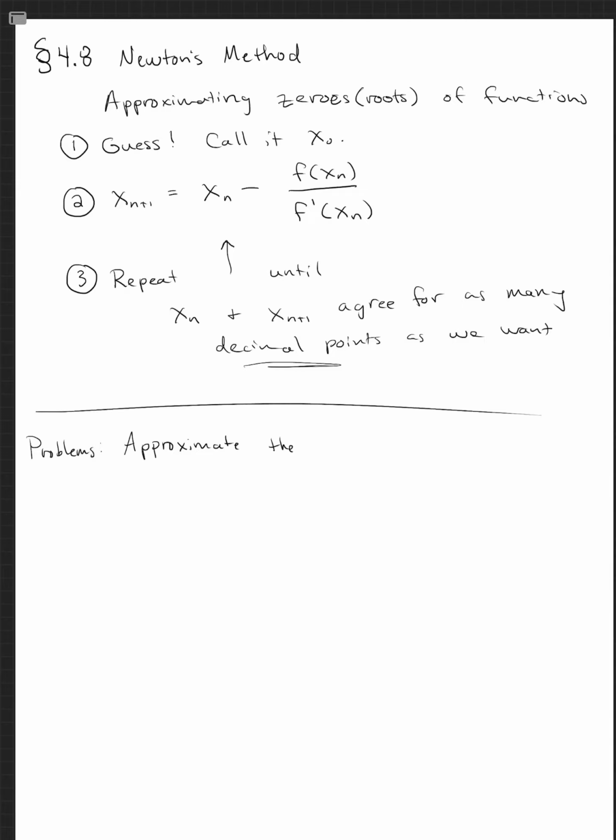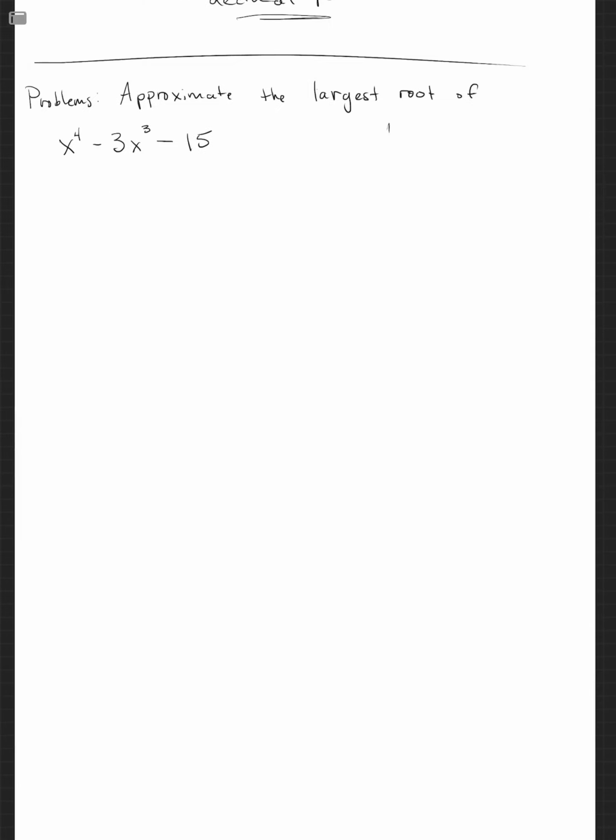Approximate the largest root of x to the fourth minus 3x cubed minus 15. So when I graphed this, it looked something like this.